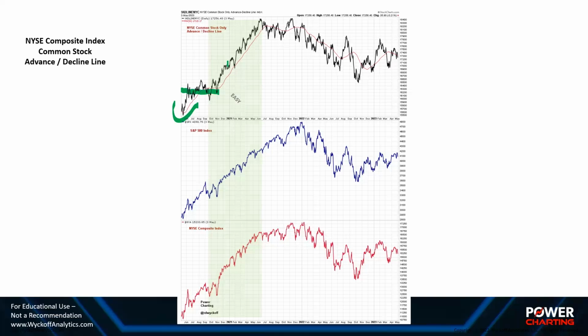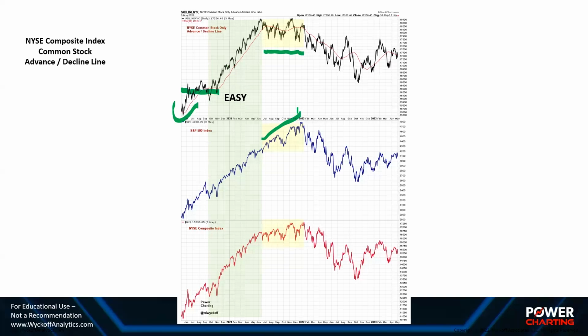So now look what happens. That's an easy money environment where the Fed is very accommodative throughout that whole period. Now look what happens, and this is the real tell: the advanced decline common stock only data here in the yellow shaded box at the top is going sideways in a trading range while the market continues to push higher.